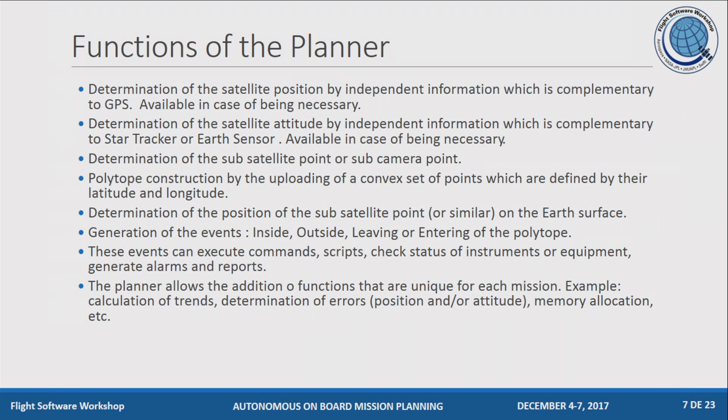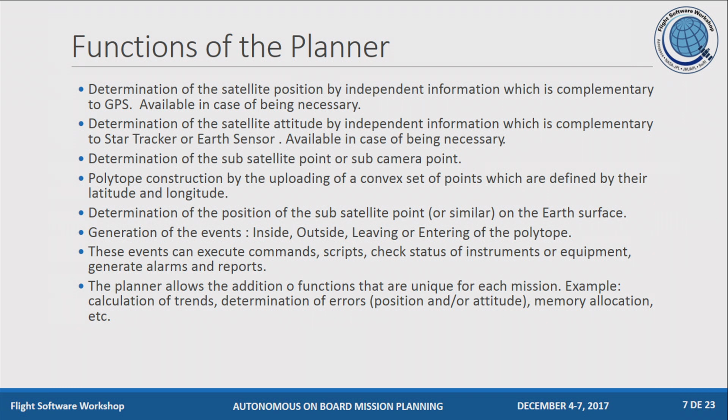Here we have other functions of the planner. The planner will need to determine information from the satellite, that is, the position and the altitude. With that information, the planner must determine what we call subpoints.